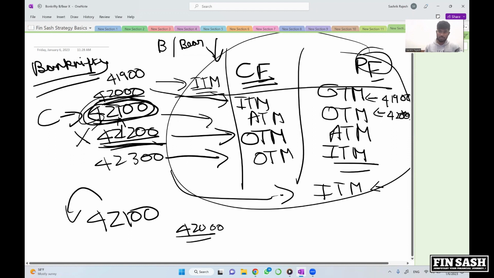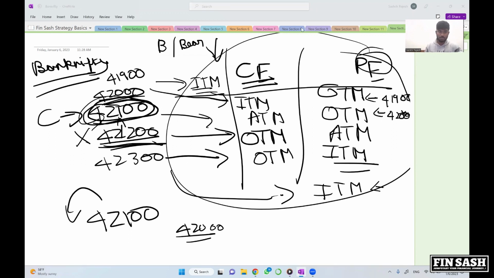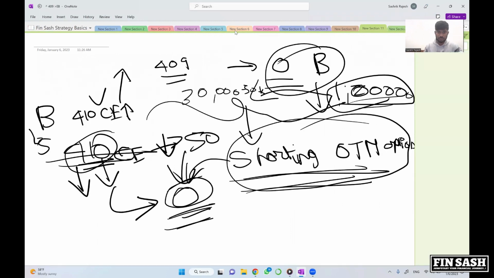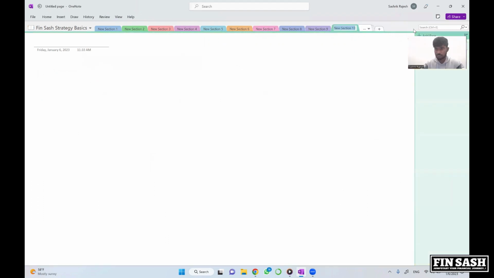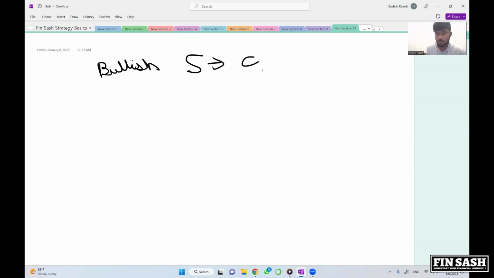So what we're going to do is another quick thing. If we think that the market's bullish, we are going to short an OTM PE.